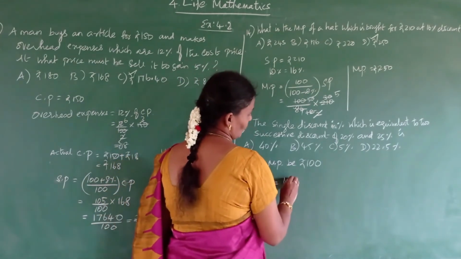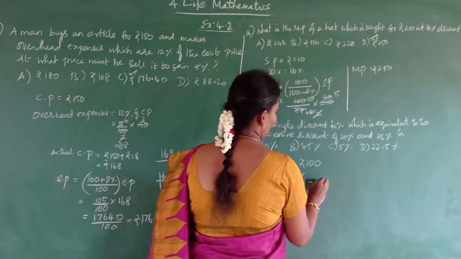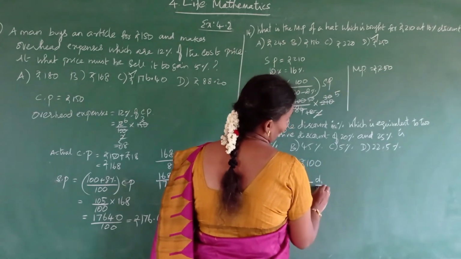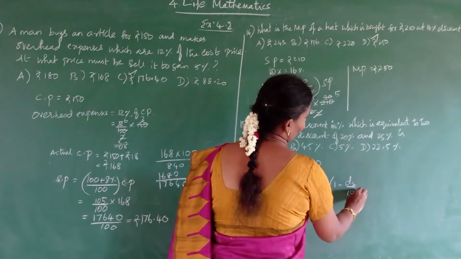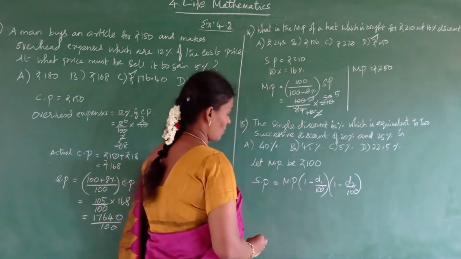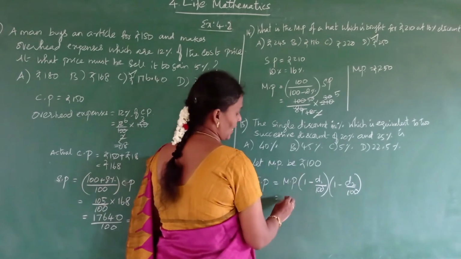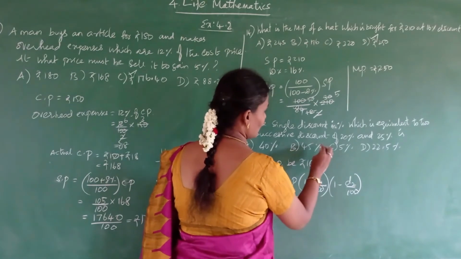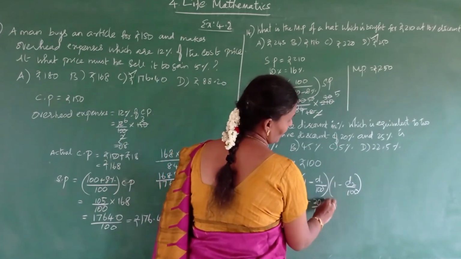Selling price is equal to, you know that formula, MP of (1 minus D1 by 100) of (1 minus D2 by 100). 2 successive discount formula. Here what is MP? Now we consider 100 rupees. So 100. Then 1 minus the first discount, 20%, that means 20 by 100.